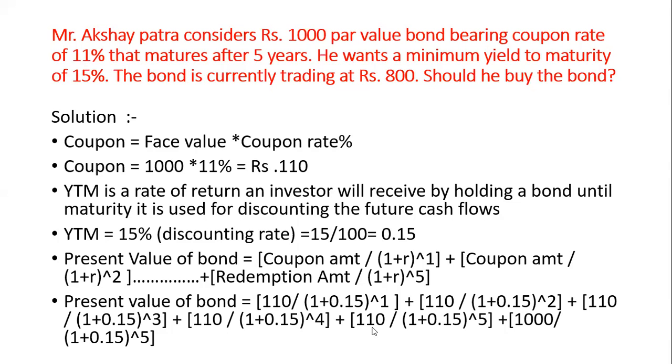So this is the last coupon, last interest, and next the last principal amount repayment, 1000 at par, the redemption value, 5-year future value, 1000 divided by 1 plus 0.15 raised to 5.